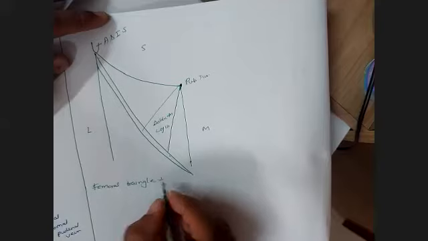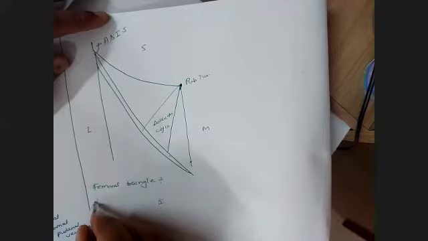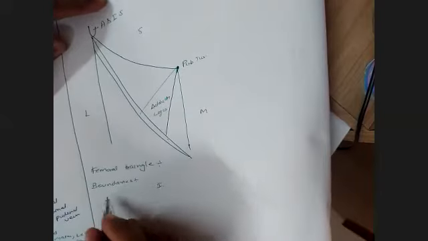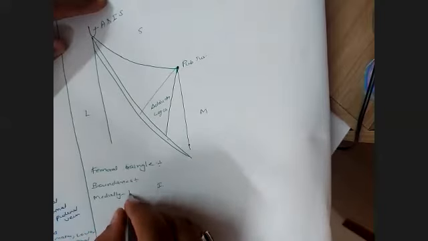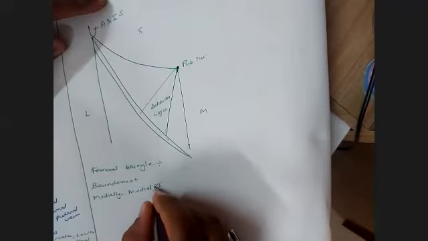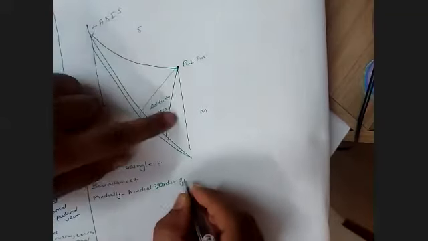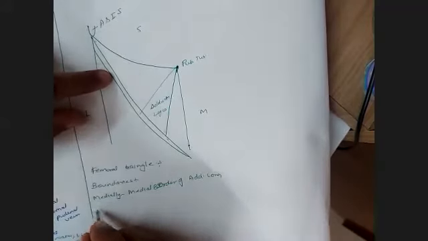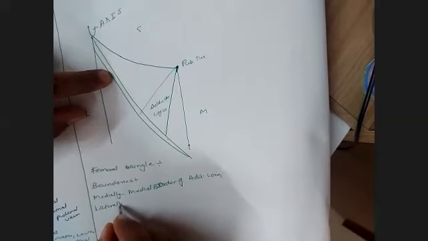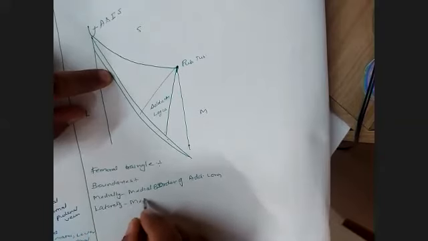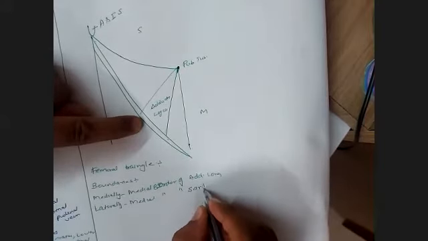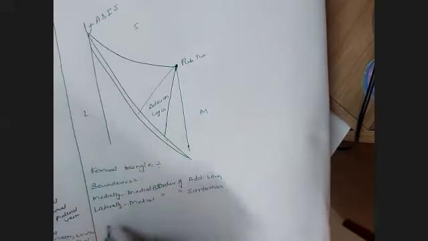So let us discuss the boundaries of the femoral triangle. The boundaries are formed medially by the medial border of adductor longus. Laterally, by the medial border of this muscle called sartorius.